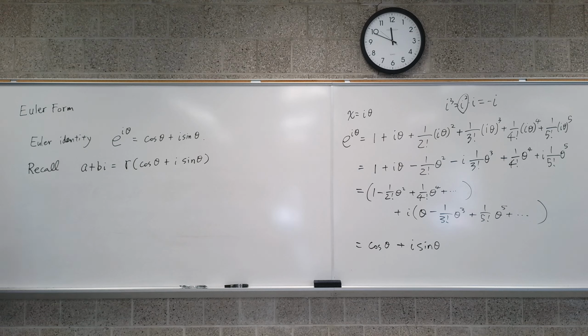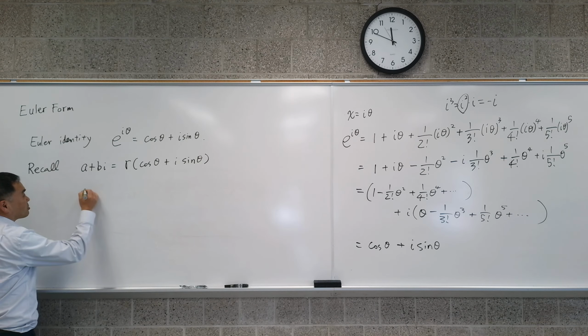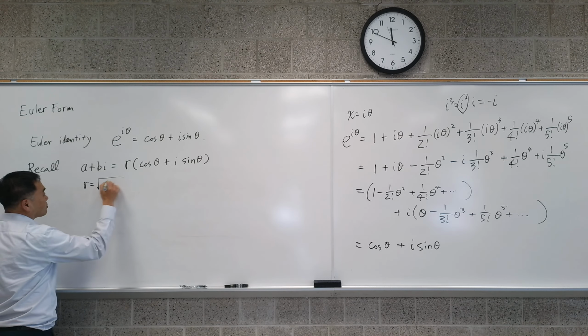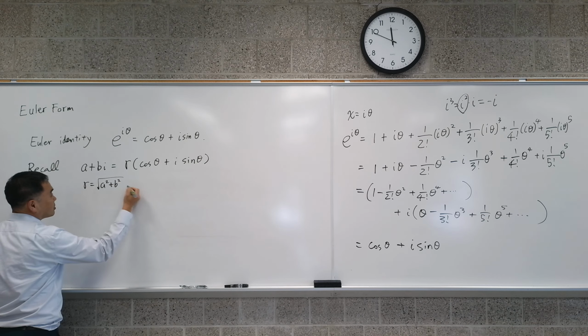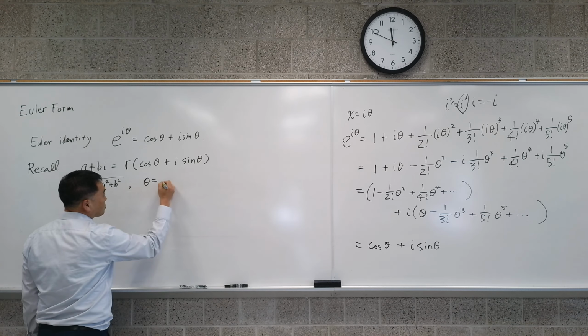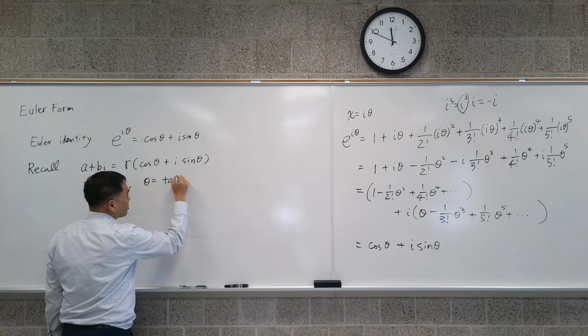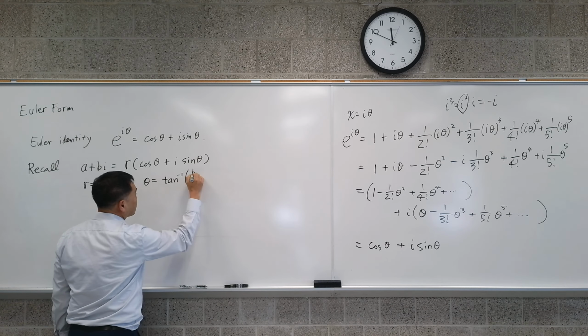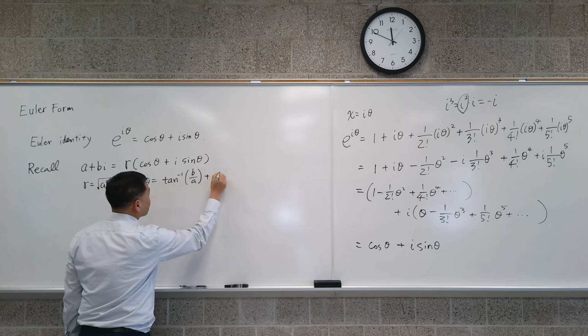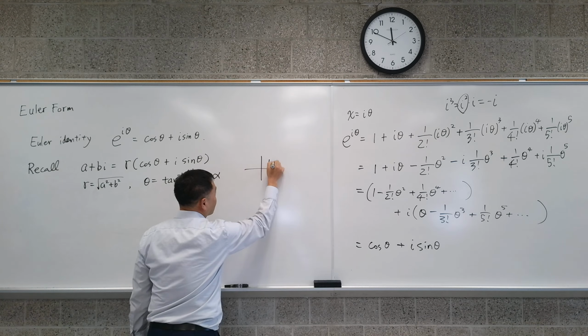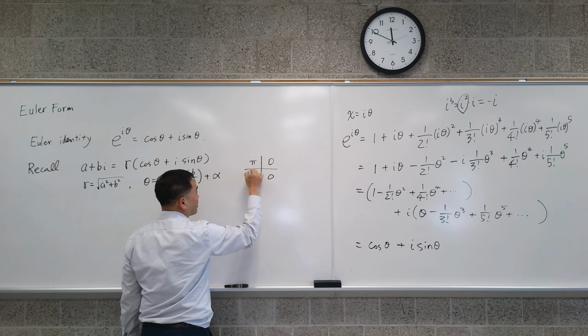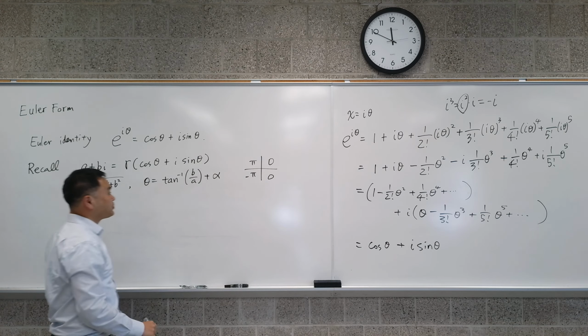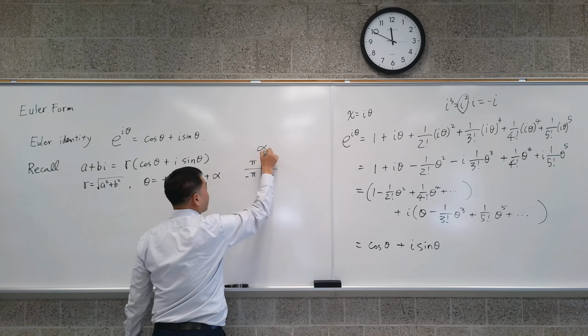Okay? And I also gave you the formulas, right? r is equal to square root of a squared plus b squared. And theta is equal to arctangent, or tangent inverse of b over a, plus some alpha, where alpha is 0 on the right side, but pi and negative pi on the left side. That's what alpha is.